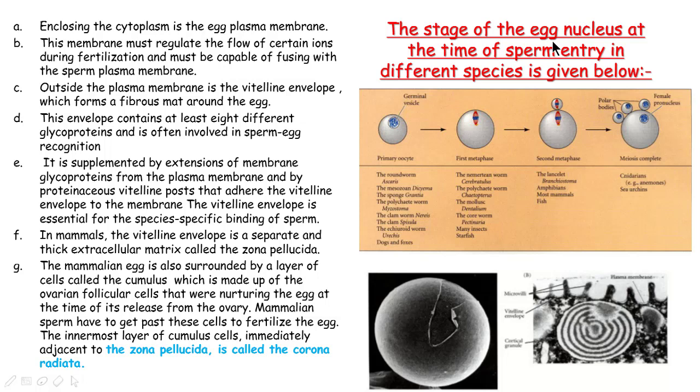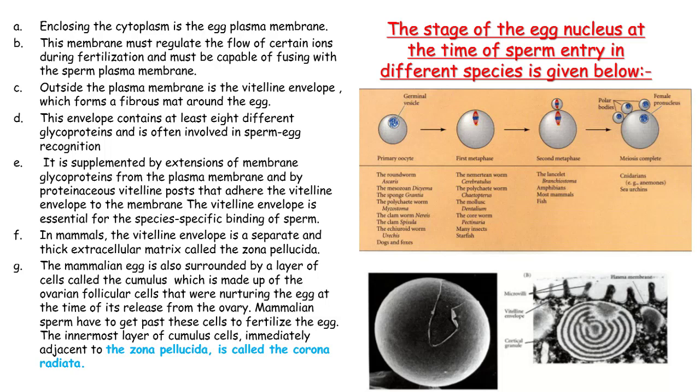The stages of the egg nucleus at the time of sperm entry in the different species are given below. Okay, this is the primary oocyte and you can see there is a germinal vesicle. This is the first metaphase, this is the second metaphase, and this is the meiosis, which contains the polar bodies and the female pronucleus. We are going to see the stages of the egg nucleus at the time of sperm entry. Okay, let's take a look.